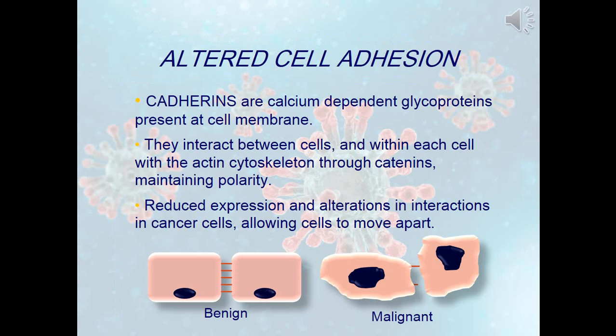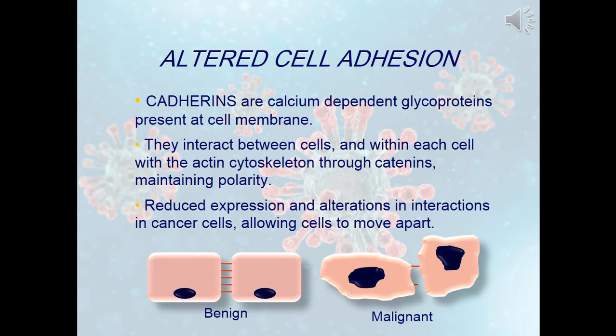As we mentioned in the previous slide, the malignant cells need to lose their adhesion to the neighboring cells to be able to move apart. Altered cell adhesion can occur by different mechanisms. One of these mechanisms is loss of cadherins. What are cadherins?